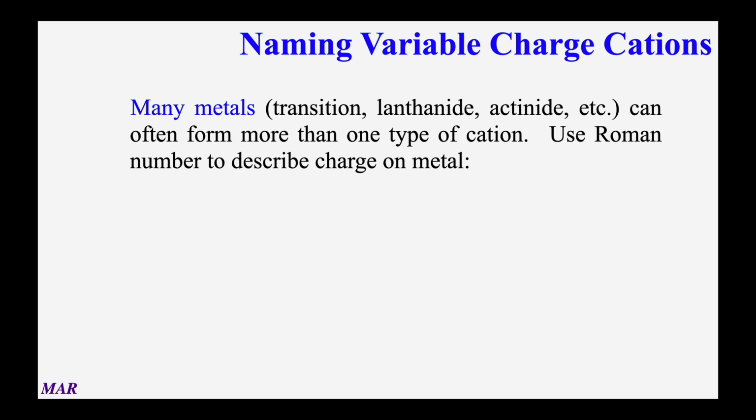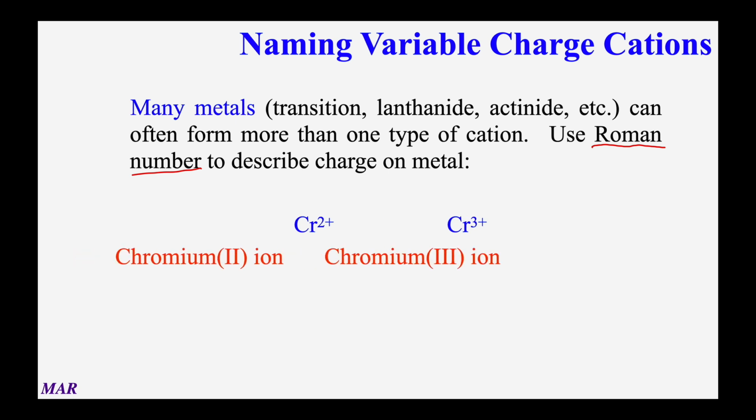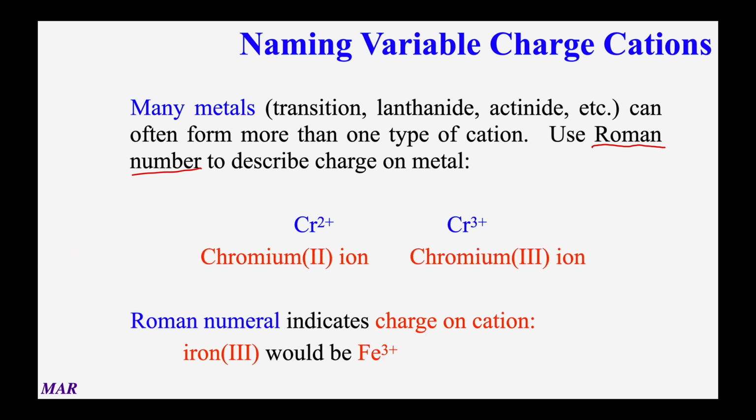All of those are considered variable charge. We don't always know what the charge is going to be. So for chemists to talk to each other about which one they're dealing with, we use Roman numerals to express the charge. Here are two examples of chromium: chromium +2 and chromium +3, which are both very common.